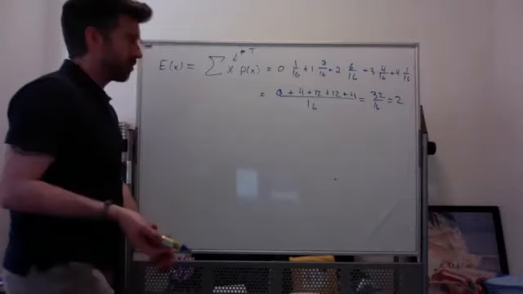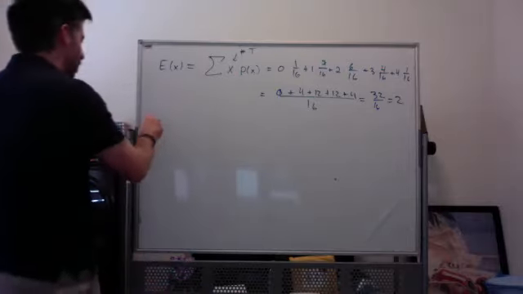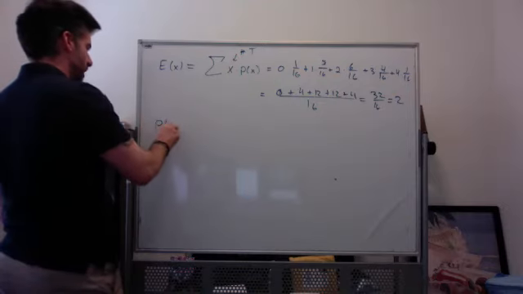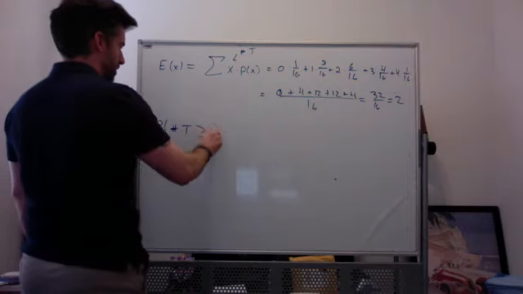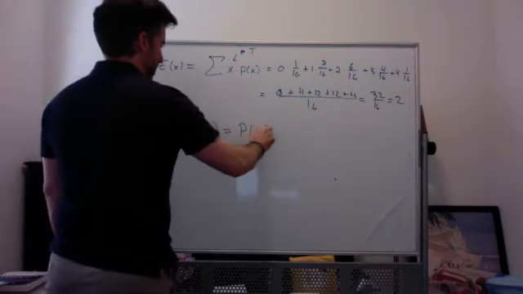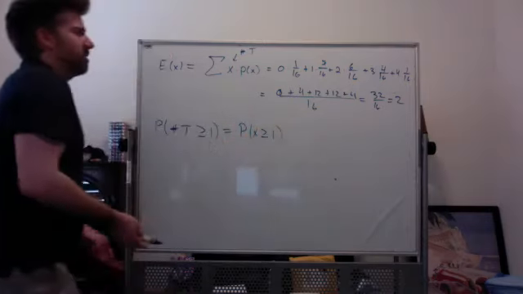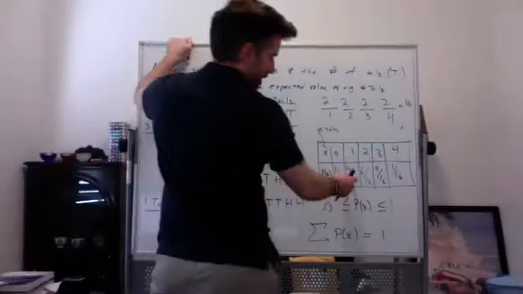And then you can ask other questions like, what's the probability that the number of tails, which is x, is greater than or equal to 1? Now, in this case, you could say, well, if x is greater than or equal to 1, let's do this plus this plus this plus this. That's one way you could do it.